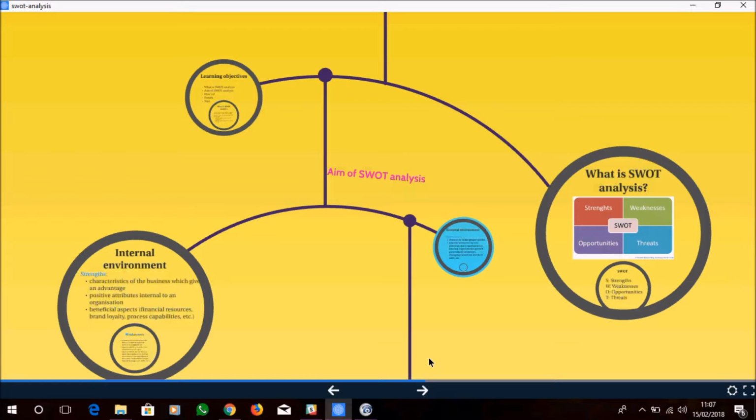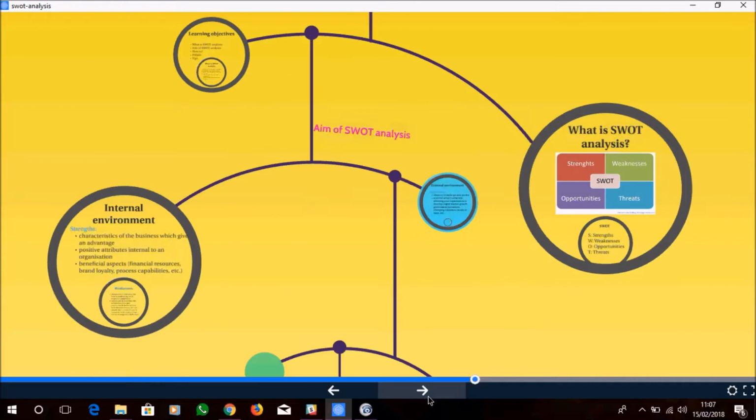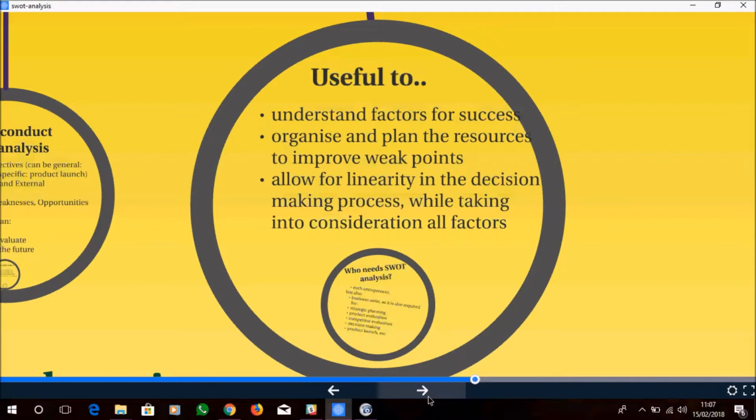Now, let us have a look at the aim of the SWOT analysis. Well, the SWOT exercise is useful to help decision makers share and compare ideas, understand which are the strong points as well as the areas for further development. The SWOT analysis allows for linearity in the decision-making process and helps us taking into consideration other factors as well.